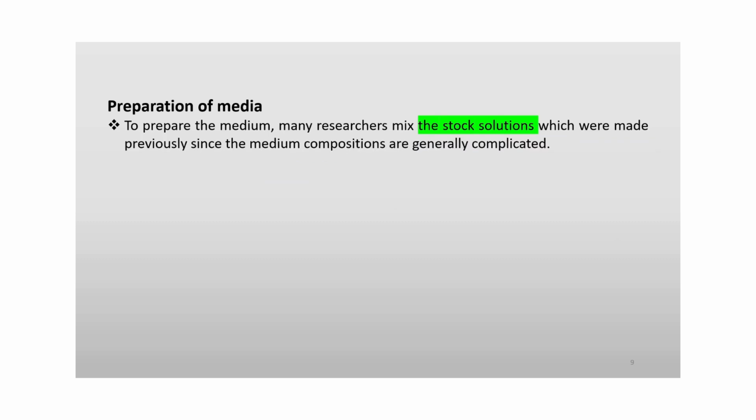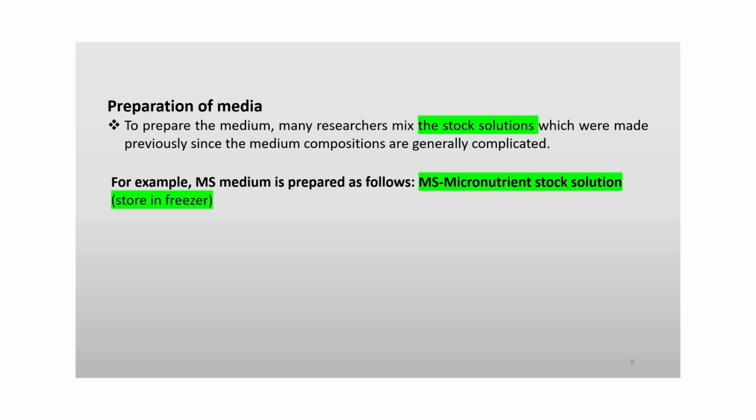Preparation of medium. To prepare the medium, many researchers mix stock solutions which were made previously, since the medium compositions are generally complicated. For example, MS medium is prepared as follows. MS micronutrient stock solution, which is stored in the freezer. A. Inorganic salts, ingredients in milligrams per ml.